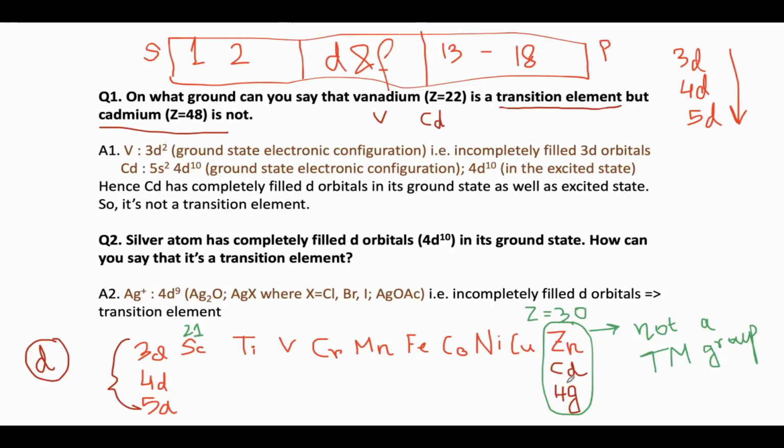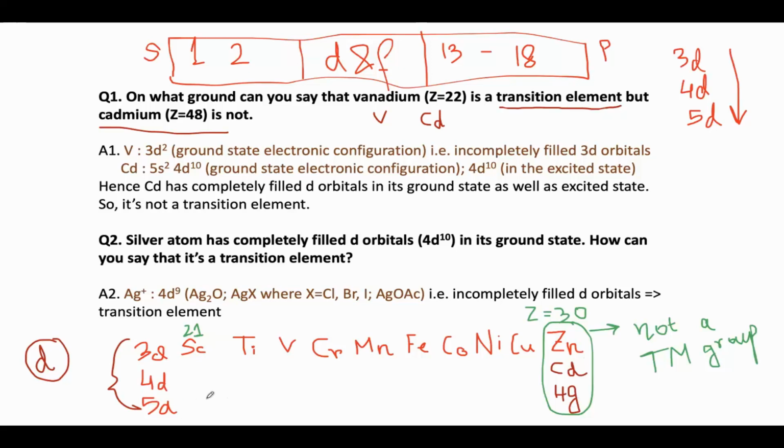The differences will only be in the Z, that is, the atomic number. Because as we go down the group, the principal quantum number n increases. So Zn has n equal to 3, cadmium has n equal to 4, and mercury has n equal to 5. And their atomic numbers will also be quite different.